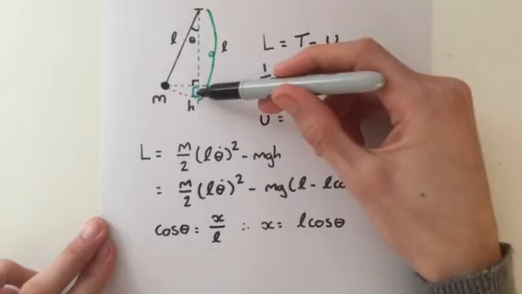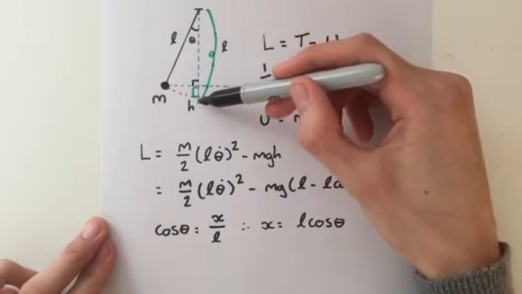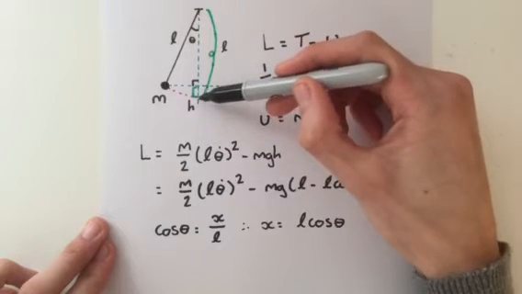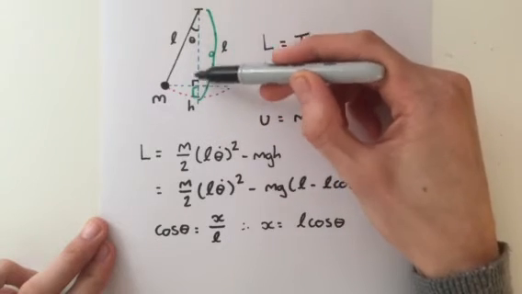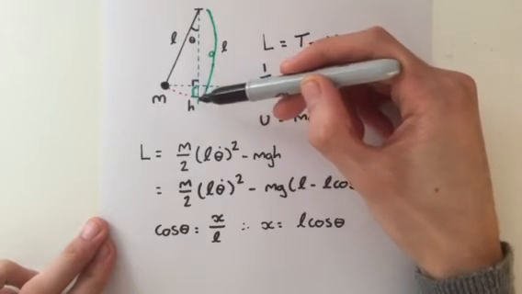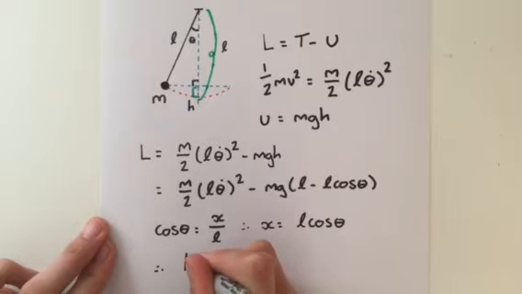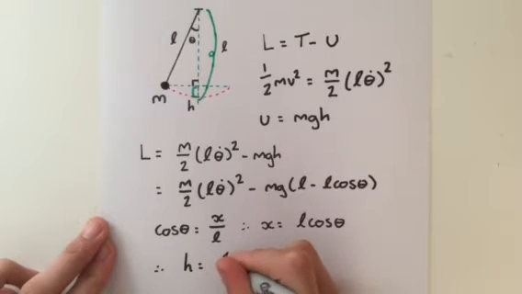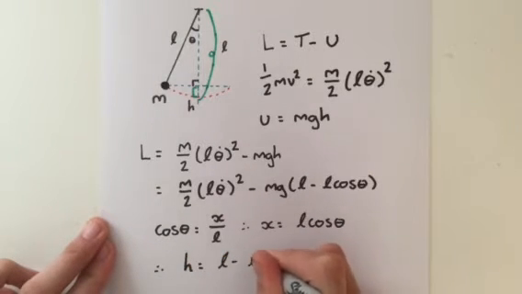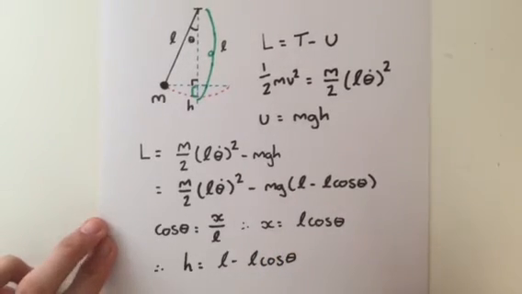But we want to find h, so we do L, which is this whole distance here, minus this distance here, which is going to give us this distance here, which is h, okay? So we get h is equal to L minus L cosine theta.